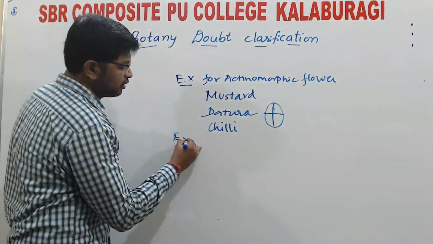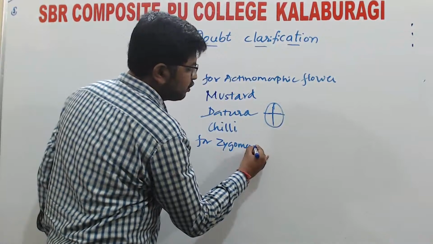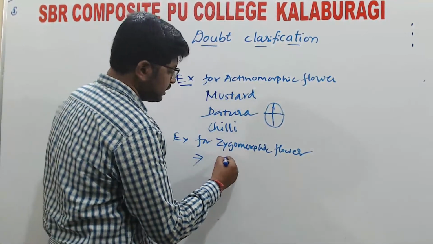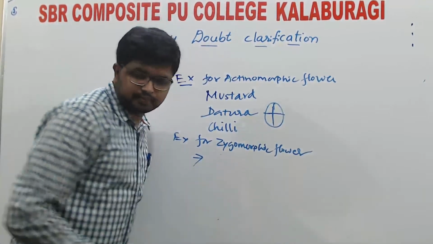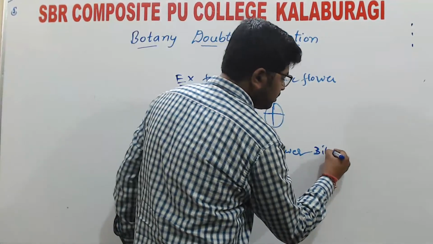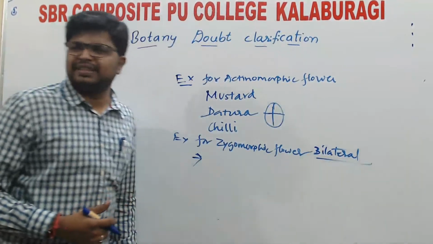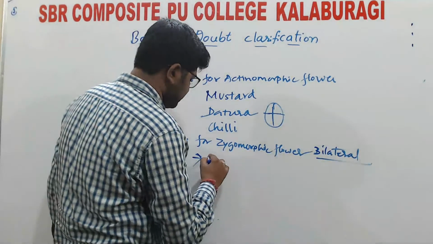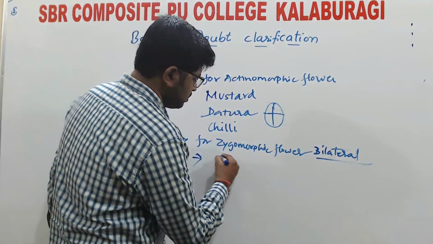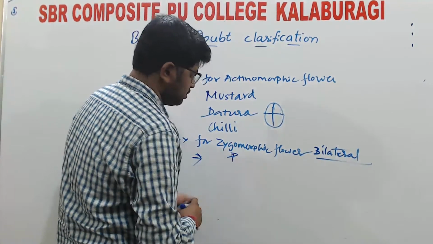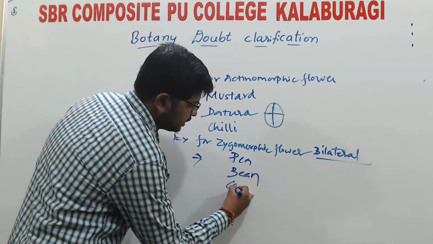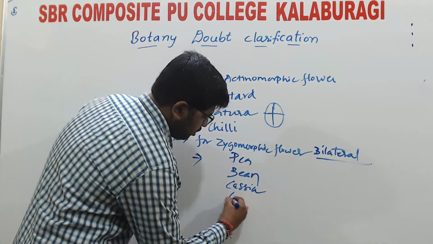Whereas the examples for zygomorphic flowers, which have bilateral symmetry, are pea, bean, cassia, and gulmohar.